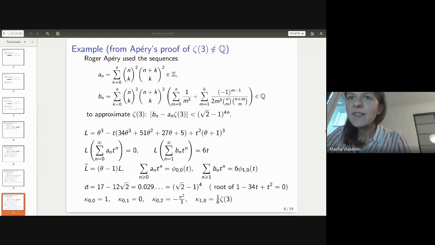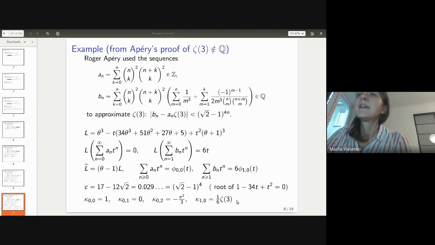So this point C here is a reflection point, and this is the closest singularity to 0. The other singularity is the other root of this quadratic equation. It's much larger. So we have two power series solutions of this L tilde, and their linear combination extends through the closest singularity. And which linear combination? This is what the Frobenius constant tells you. And here the Frobenius constant is zeta of 3 over 6.